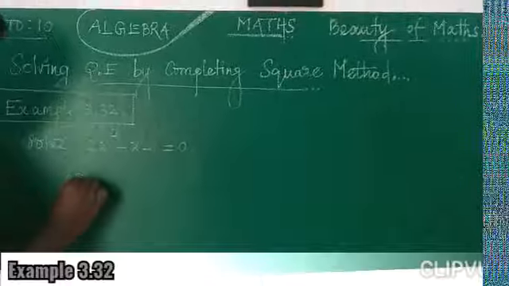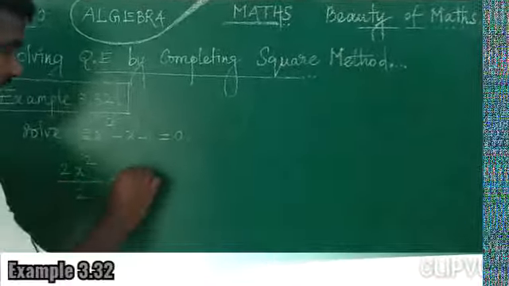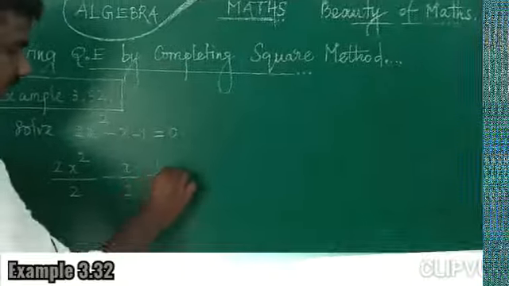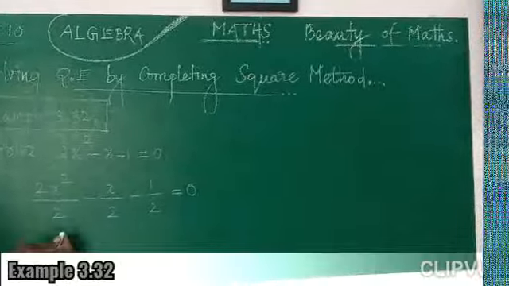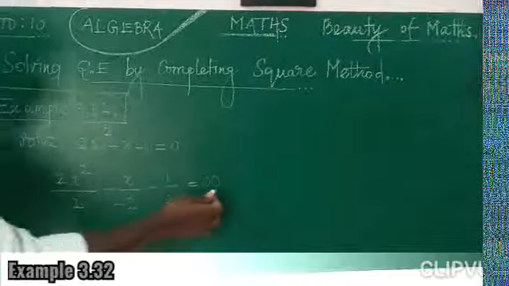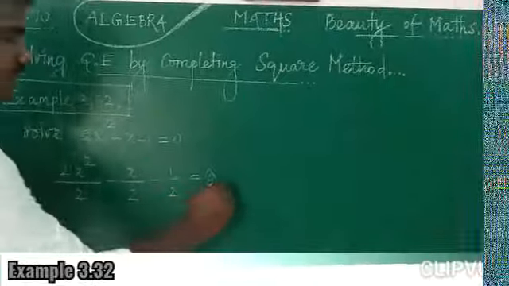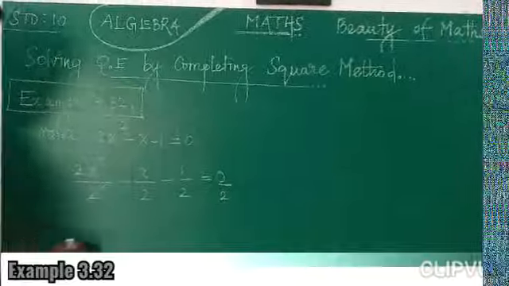So 2x square by 2 minus x by 2 minus 1 by 2. What I did here, I divided by the leading coefficient. So here right hand side 0 by 2 is also 0, no changes. Okay, so this one will be cancelled. So what do we have?